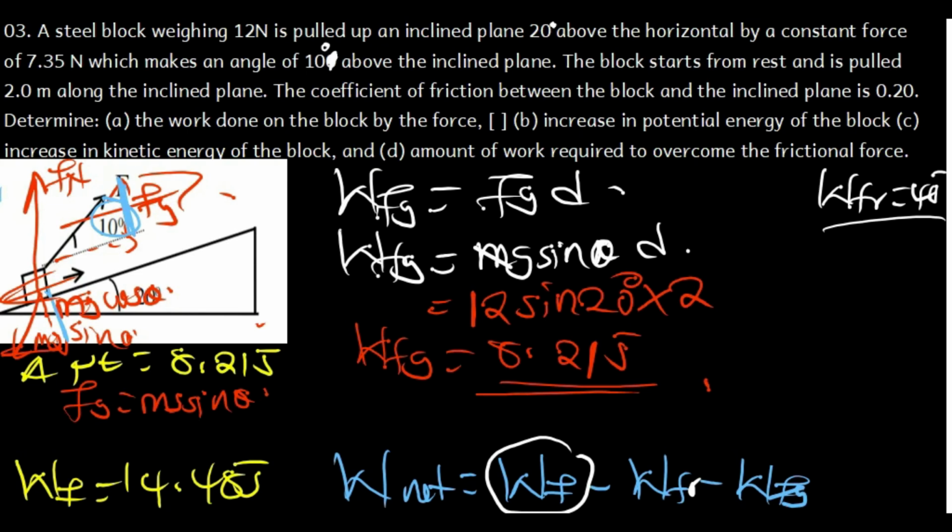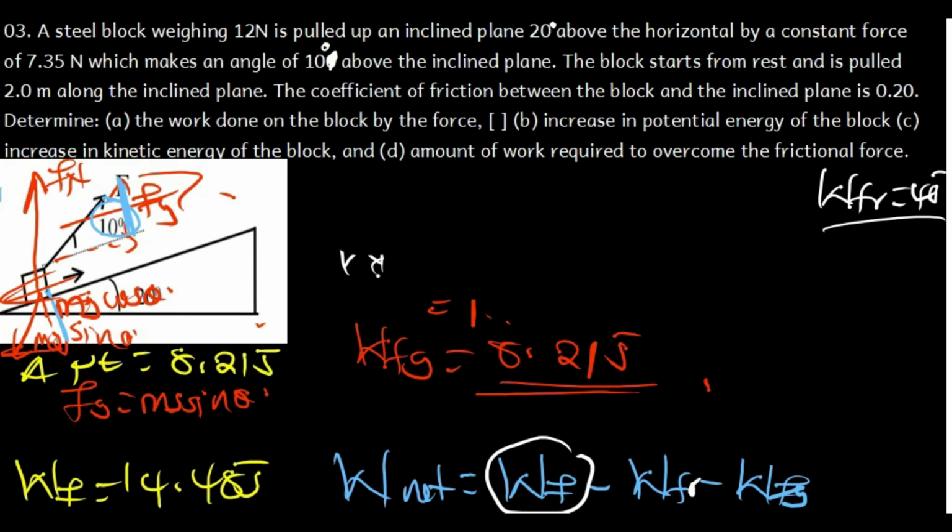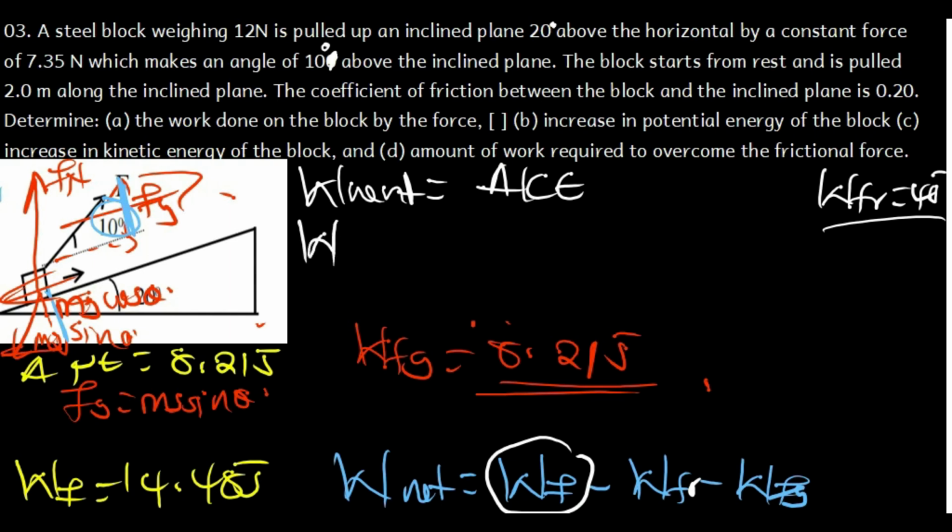Now we can plug in the values using our formula here. Let's see what we're going to have. The net work is equal to the change in kinetic energy. Our goal is to find the change in kinetic energy. So the net work is the work done by the force minus the work done by friction minus the work done by Fg, and that has to be equal to the change in kinetic energy.